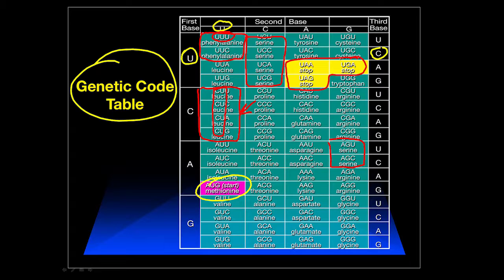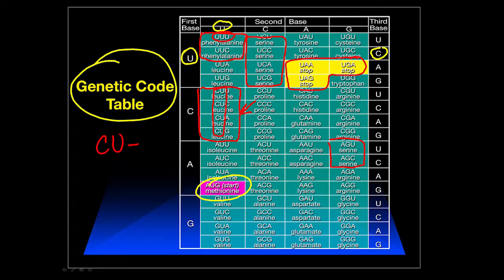And what that means, guys, is that CU anything, in fact, means leucine, right? CUU, CUC, CUG, CUA. What that really means is that the third position is irrelevant in that particular case. And if you really peruse the table, you'll find that that's not an isolated situation.